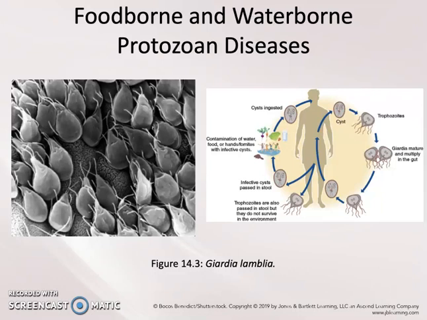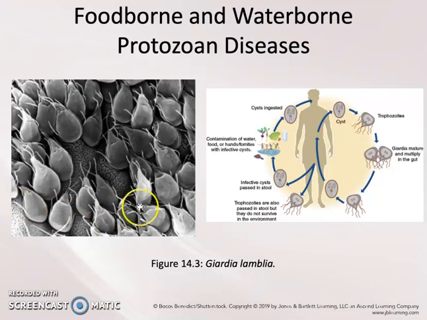The cysts then are ingested through a water source by a human or other mammal, and excystation occurs, resulting in the formation of trophozoites. These trophozoites attach to the lining of the intestine by means of sucking discs.